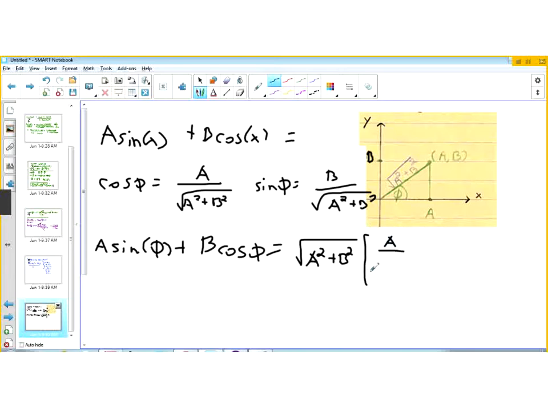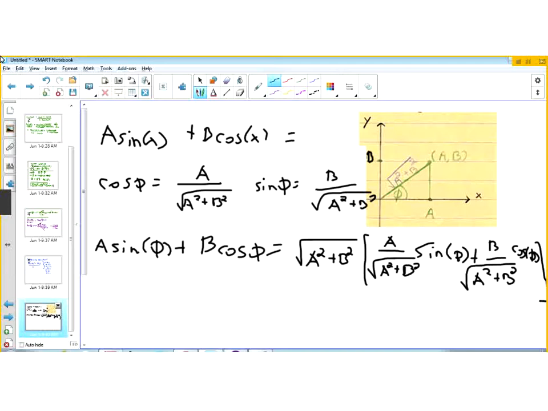So I'll have a over the square root of a squared plus b squared times the sine of phi, plus b over the square root of a squared plus b squared times the cosine. Okay, so we have something like this.